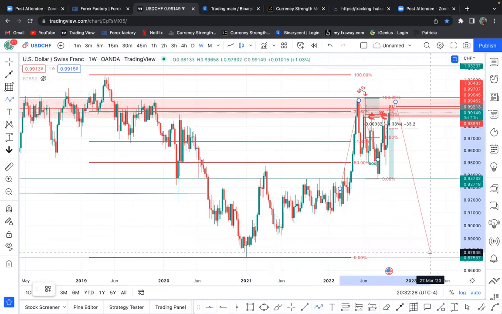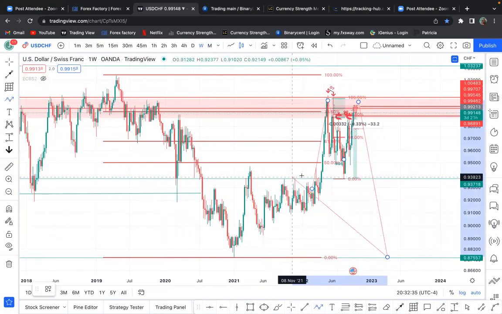So it has the potential to drop back to this initial low. If the USD starts losing strength, we might see this happen. But the way the USD is strong, I'm just predicting it to come back to this low.